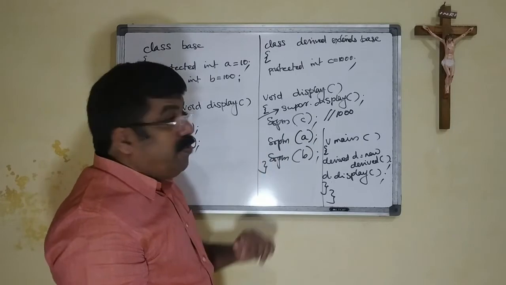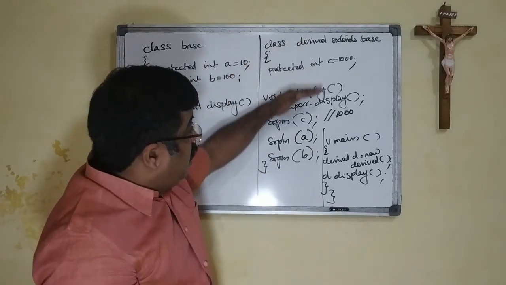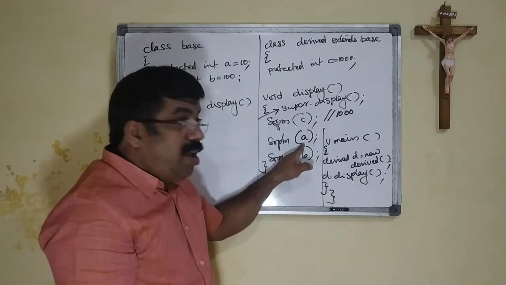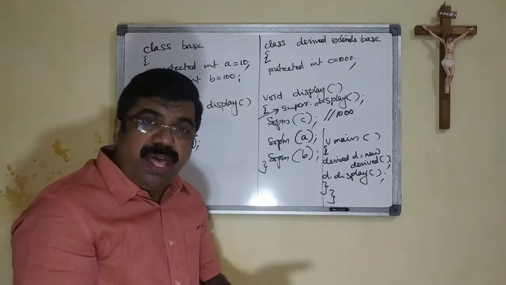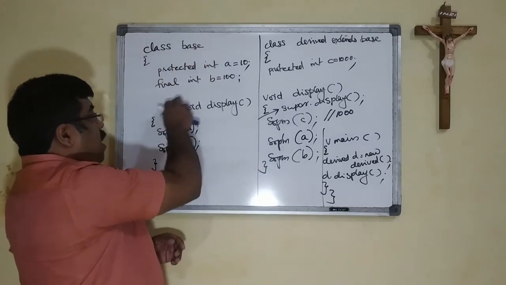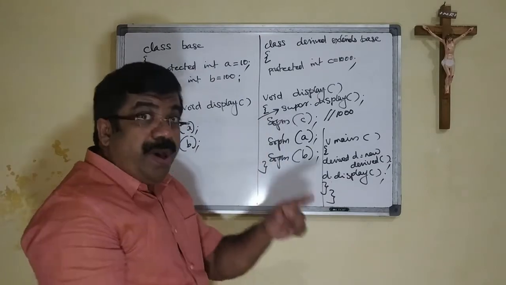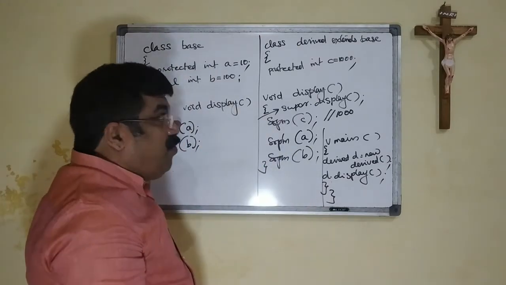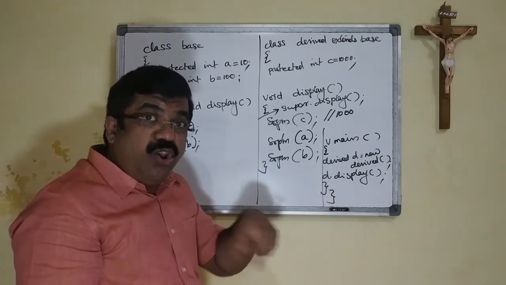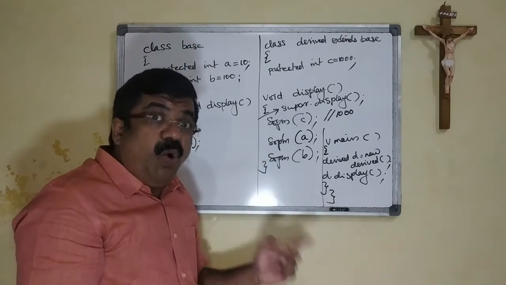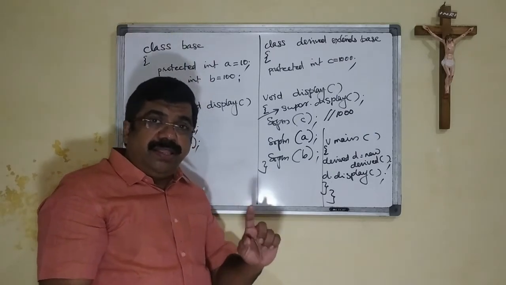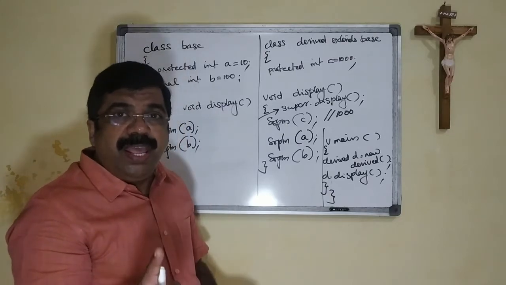Why is this A given? Is the A in the derived class? No. A we can access from the base class, provided this is not final. Why? A final method cannot be overridden. A method which is given with the final keyword cannot be overridden.